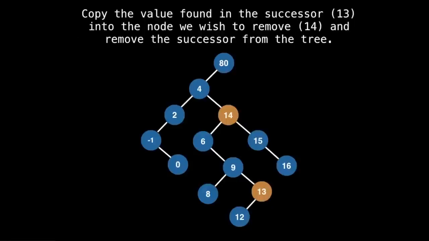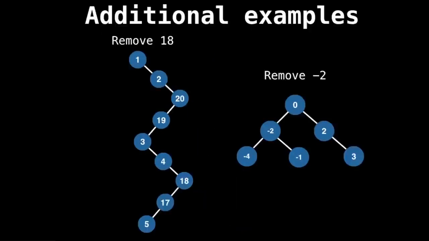And now what we want to do, as per before, is copy the value of the successor, 13, into the node we want to remove, which is 14. So now 14 becomes 13, and now we want to remove the remaining 13. So now just remove it and replace it with the successor. Perfect.